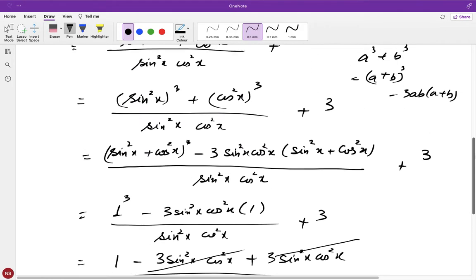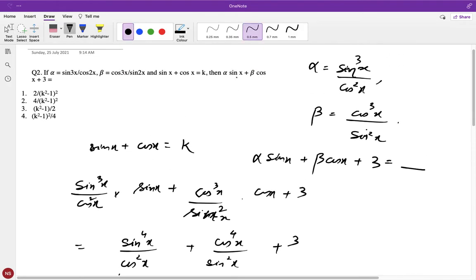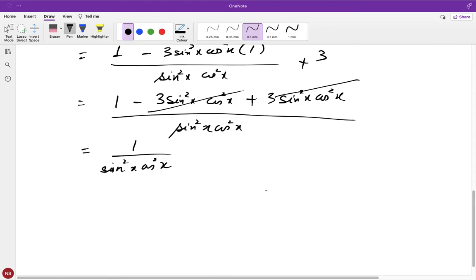In the problem, the value of this thing, alpha sine x plus beta cos x plus 3, is asked of me in terms of k. There is no sine or cos in here. And what is k? k is given to me as equal to sine x plus cos x. Sine x plus cos x equals k. So from here I have to find out the value of sine square x cos square x in terms of k. How do I do that?